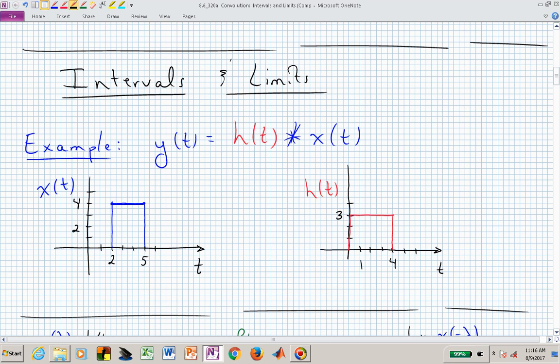If I hit it with an impulse at 0, it responds at t equal to 0. Likewise, this system better not be shaking or moving after the impulse response dies out 4 units of time after I've excited it at time 5. So I should be seeing my output y of t being non-zero between 2 and 4 plus 5, or 9.